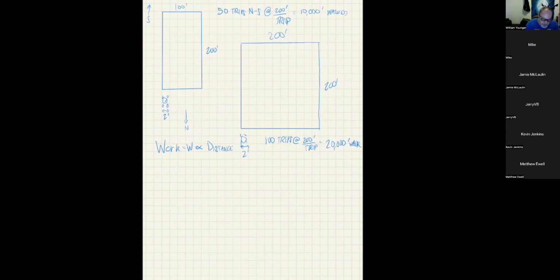So let's say the second lawn is mowed with a 24-inch 100-pound mower, but the first lawn is mowed with a 24-inch 50-pound mower.